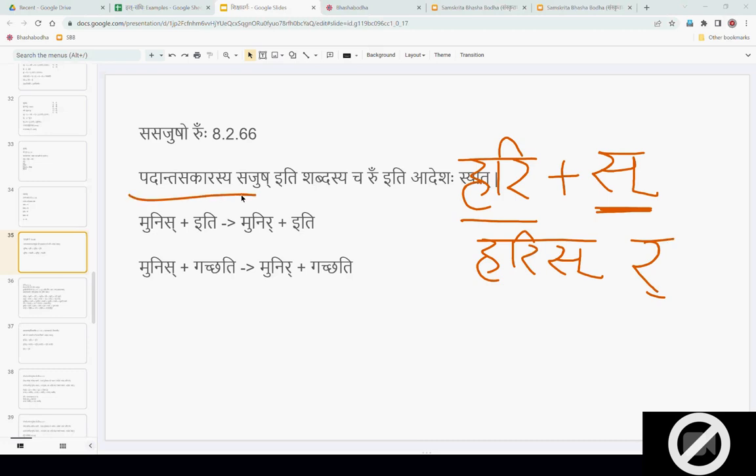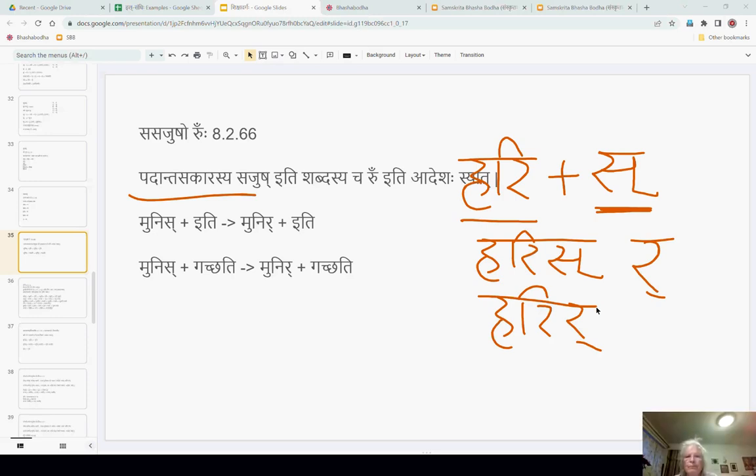So Haris becomes Harir. There is only one R. Har is the noun root, that is not part of this Ra.